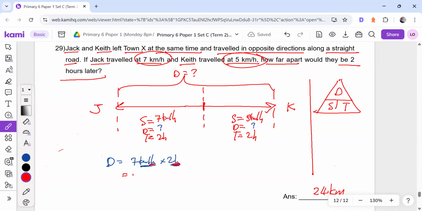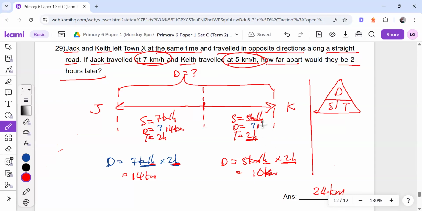Then 7 times 2, the distance is 14 km. So Jack traveled 14 km. How about Keith? Distance is equal to speed multiplied by time. Again, write down the units, and before you multiply, check the unit, because sometimes the time can be in minutes, so you have to change it to hours. So 5 times 2 becomes 10 kilometers.